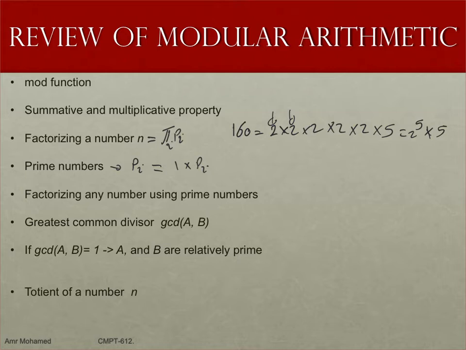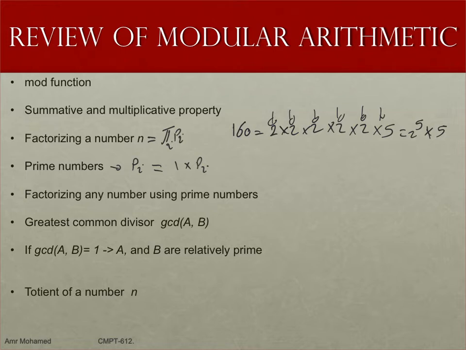Is 2 a prime number? Yes, because it's only 1 and 2, right? 3, 5, 7, 11, 17, and so on. So these are all prime numbers.